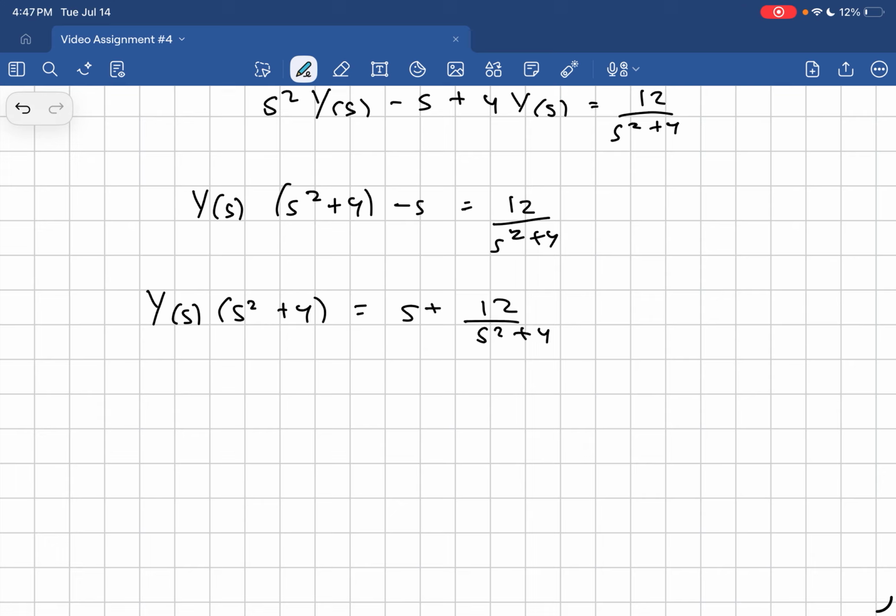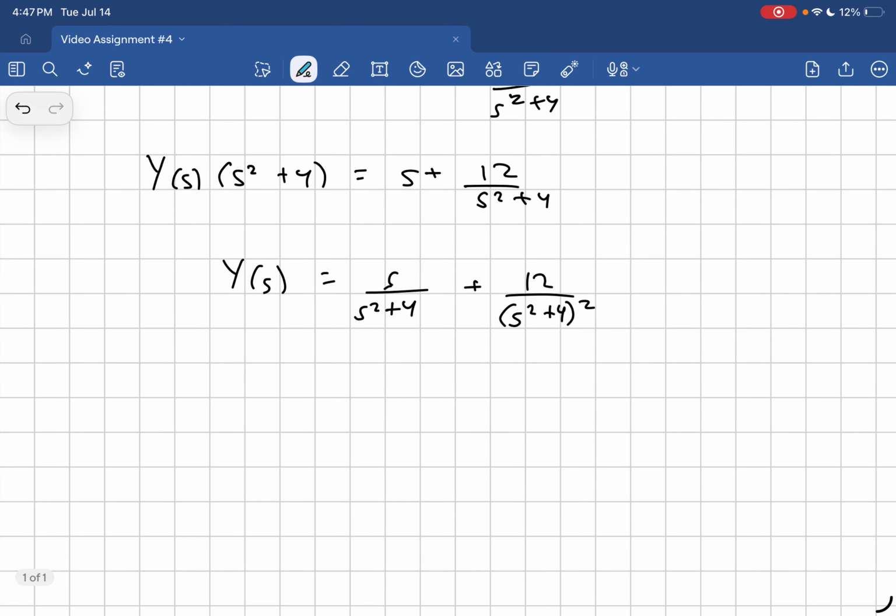And now we can divide by S squared plus 4, so it'll be S over S squared plus 4 plus 12 over S squared plus 4, and since the denominators match, we can just square it.